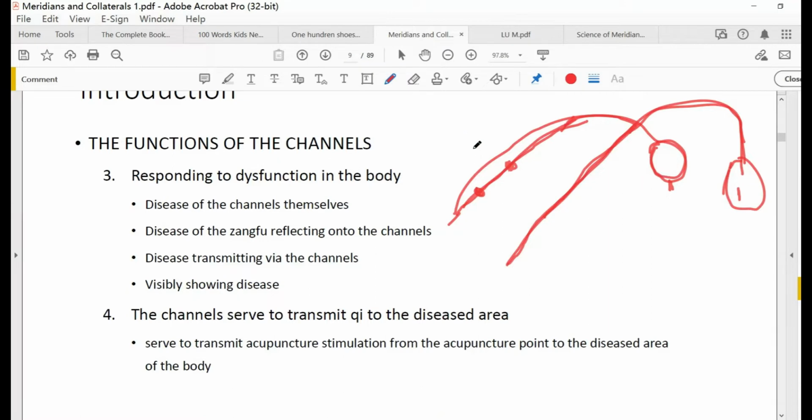So we can needle this point or massage this point, and the stimulation will transmit from this point to the organs, to the diseased area.